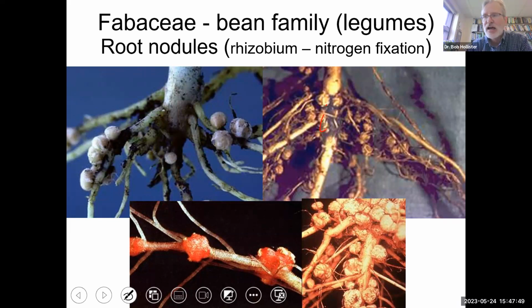But if there's no nitrogen in the soil, then it's beneficial to produce these root nodules. If you're growing beans in your garden and you see root nodules, well, you probably want to add some organic nitrogen fertilizer, because you'll get faster growth if you've got an ample supply.